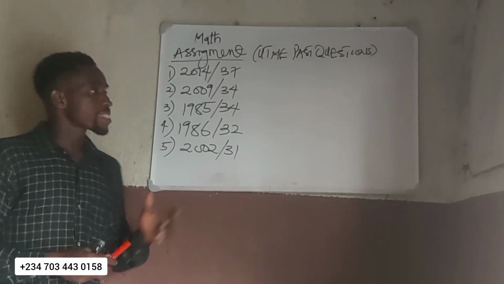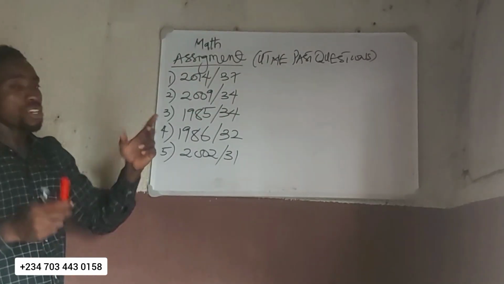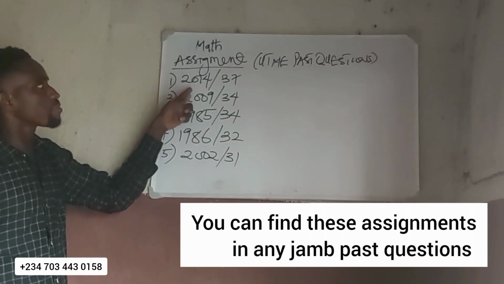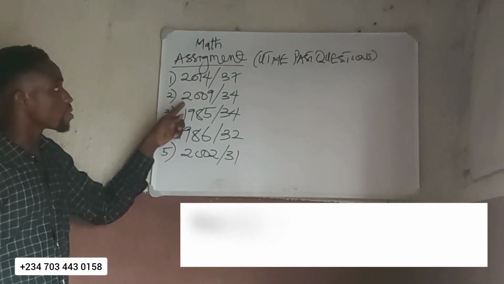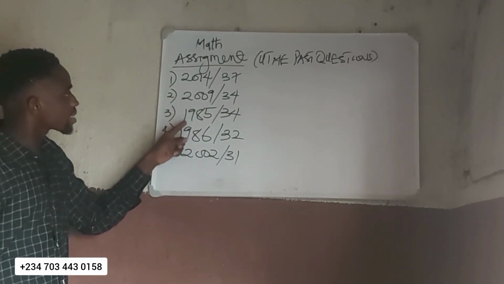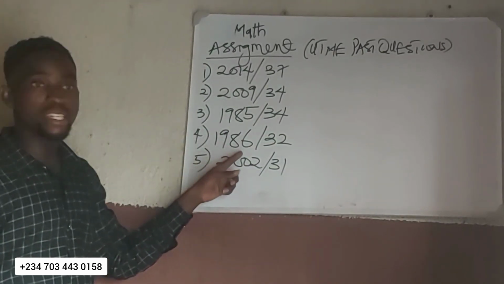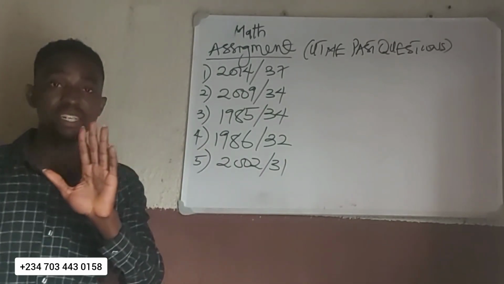For our assignments, get a UTME or JAMB past question. You can get any of them. Then find the following questions: 2014 question 37, 2009 question 34, 1985 question 34, 1986 question 32, and 2002 question 31. Let's just take these 5 assignments.